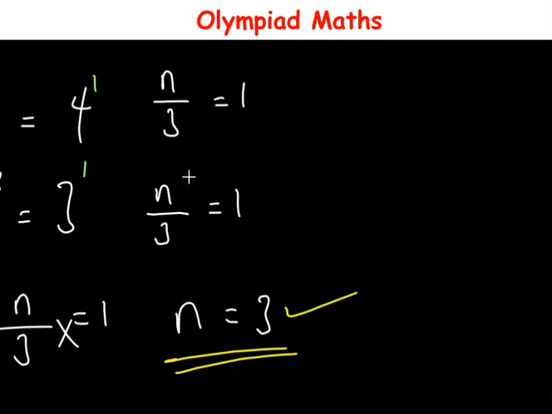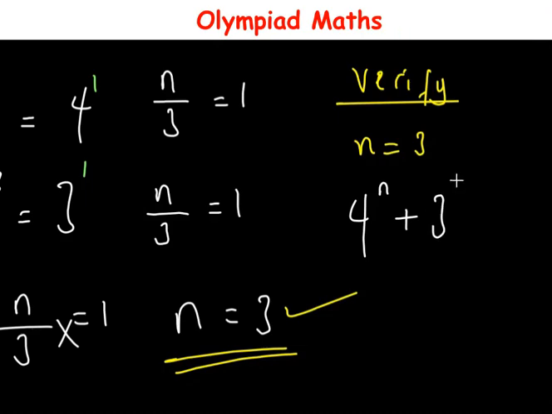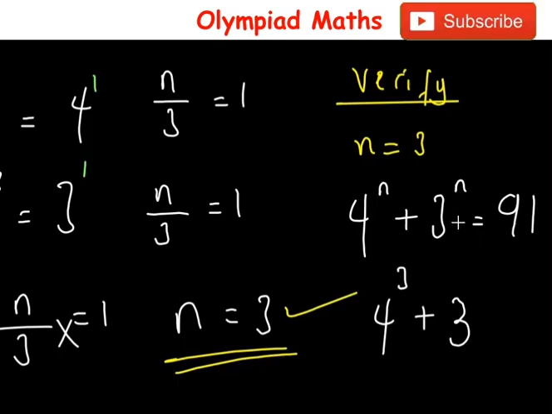The next thing is to verify if the solution of n as 3 is the correct solution. Now the question, which is 4 raised to power n plus 3 raised to power n equals 91. From here, 4 raised to power 3 plus 3 raised to power 3 equals 91.